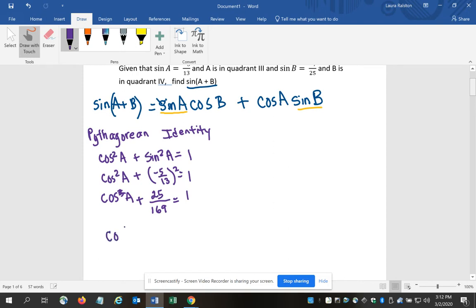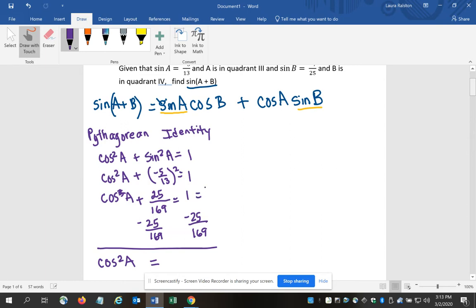So I'm going to subtract 25 over 169 from either side to isolate the cosine. When I do that, I have cosine squared A equals 1 whole minus 25/169.